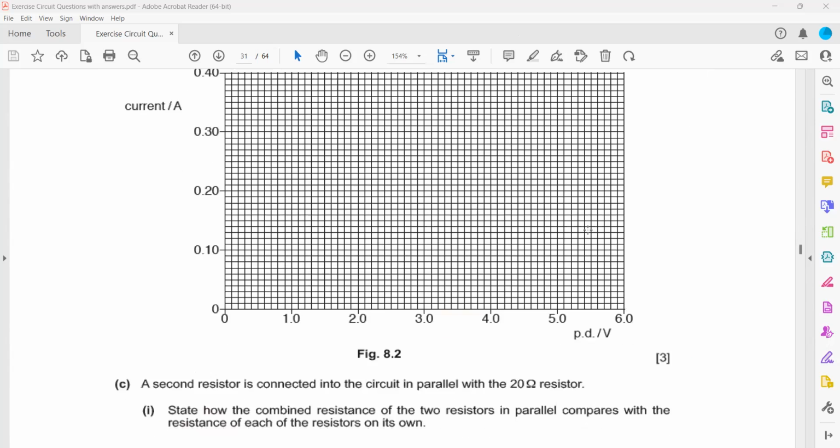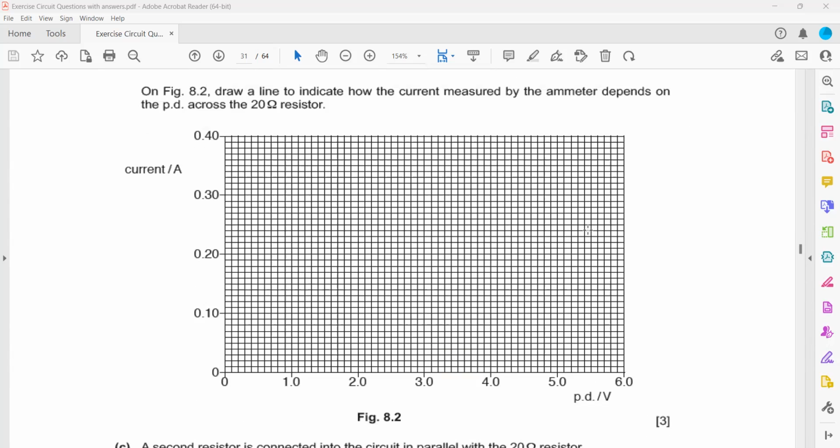The idea is that it's a 20 ohm resistor. We don't have the values here, we have the voltages 1 volt, 2 volt, 3 volt, and the current axis 0.1, 0.2, 0.3. But how do we work it out? The ratio between voltage and current should be 20, as it's a 20 ohm resistor.